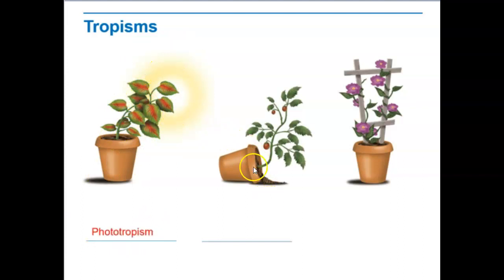Then we have this one here where the plant fell over, unfortunately, but it has started to grow upward. Even though its root ball is down this way, it's still growing upward because it needs to reach the sun. This is it responding to gravity. This is gravitropism. And then the last one is called thigmotropism.